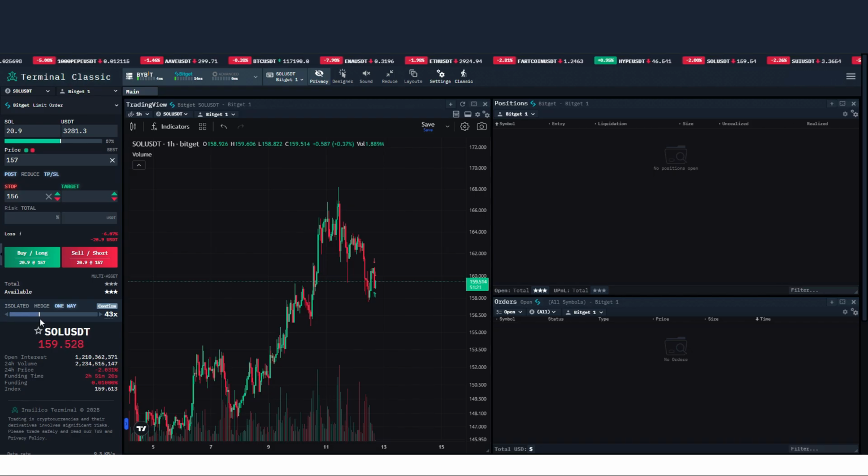With cross, you can do way more. You can hypothetically have much lower liquidation thresholds, but if you mess up and all your positions are close to liquidation, you can liquidate your whole account. So if you're a PA trader or just getting started, just use isolated margin.